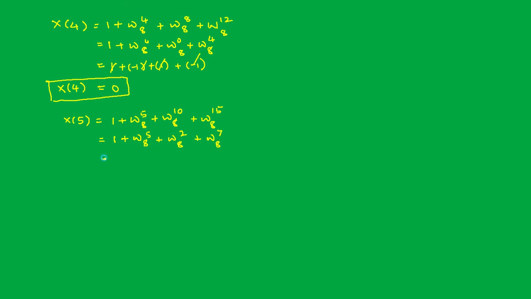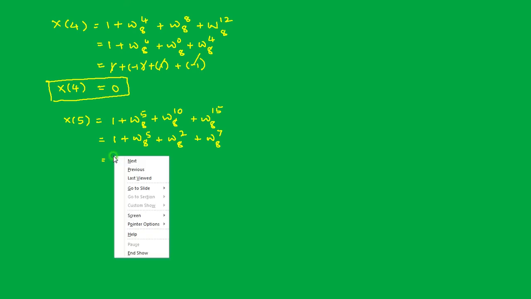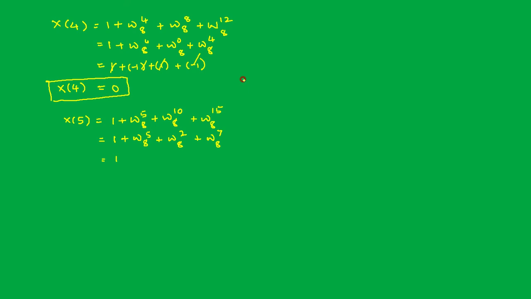So 1, W8 raised to 5 is how much? W8 raised to 5 is the complex conjugate of W8 raised to 3, and W8 raised to 3 is minus 1 by root 2 minus j 1 by root 2.